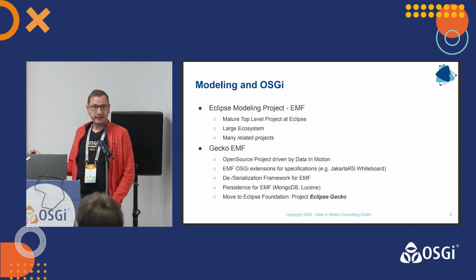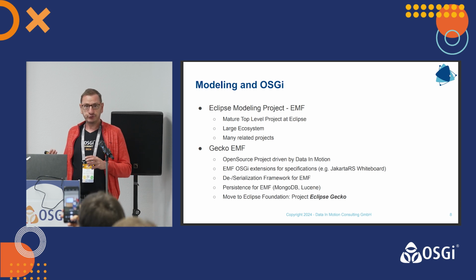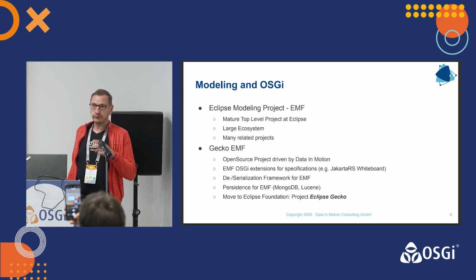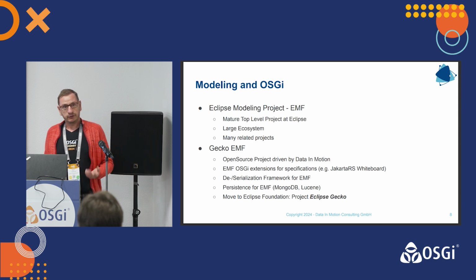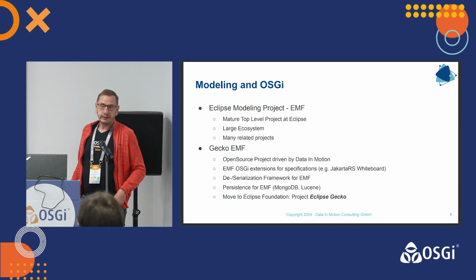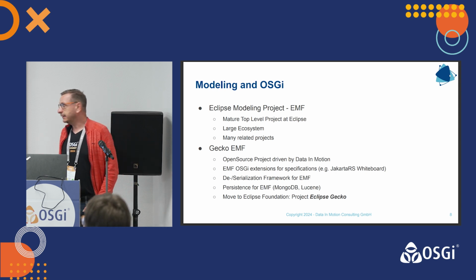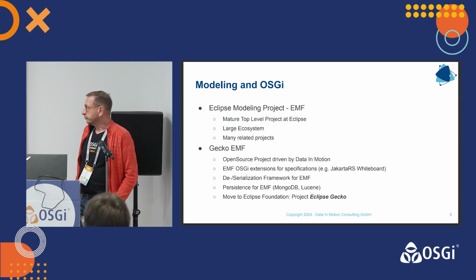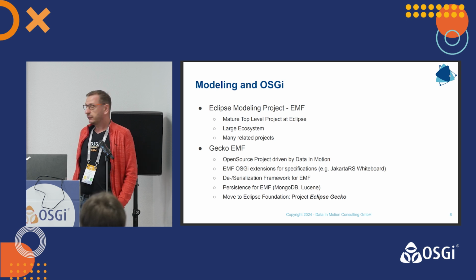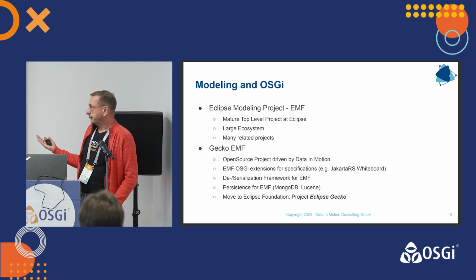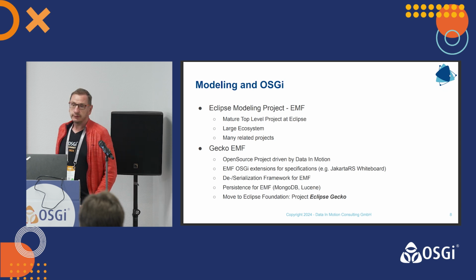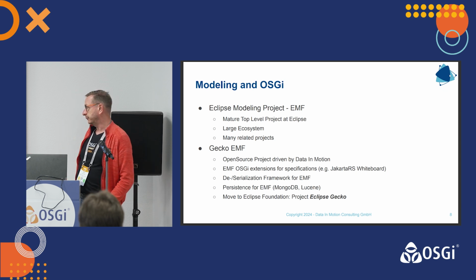EMF itself deals with the Eclipse way of registering models. It uses the extension registry, the non-OSGi way. And we decided to create an extension from our perspective. With our software, we have more possibilities.